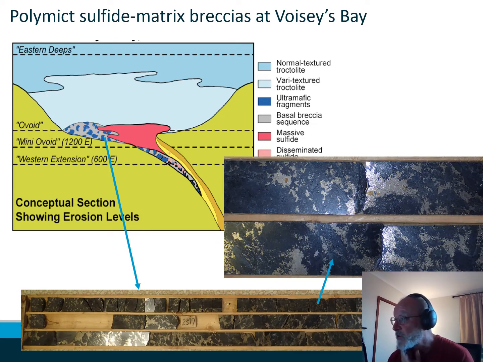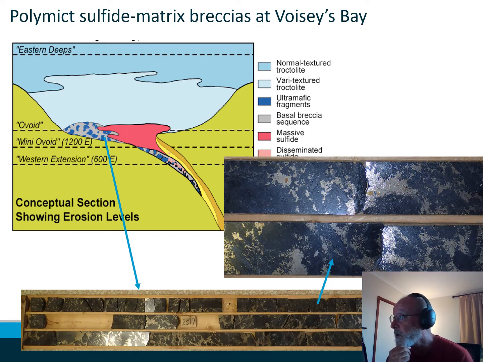One of the characteristics of Voisey's Bay is that a lot of the ore bodies are hosted not in horizontal intrusions, but in vertical intrusions, or in places where the vertical intrusions became horizontal or fed into larger sill-like bodies.